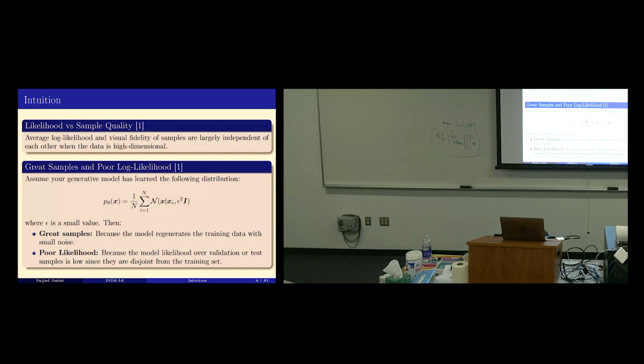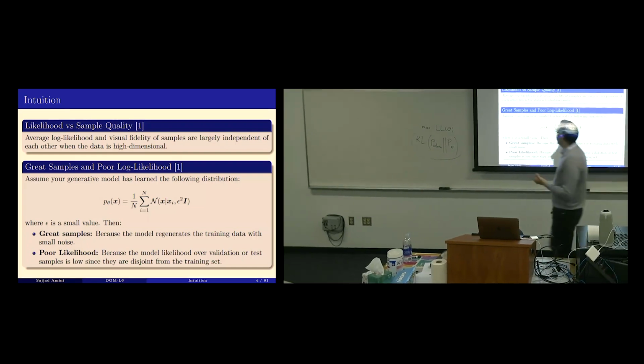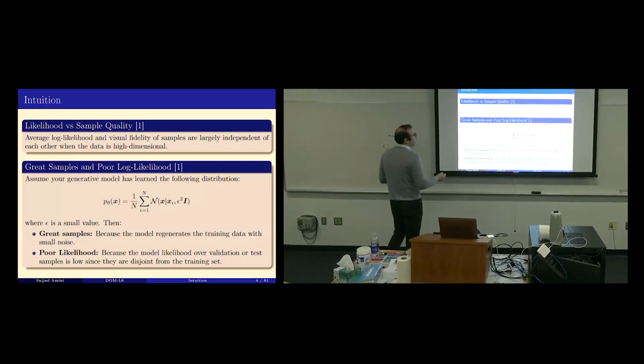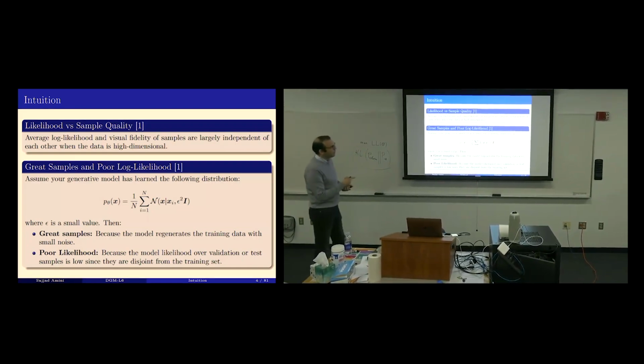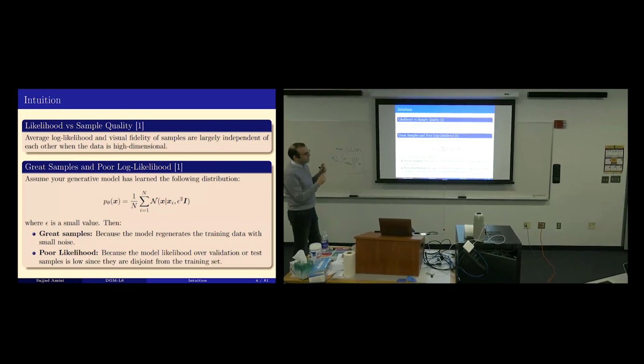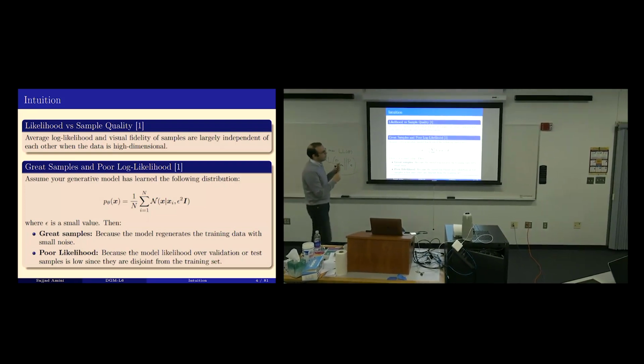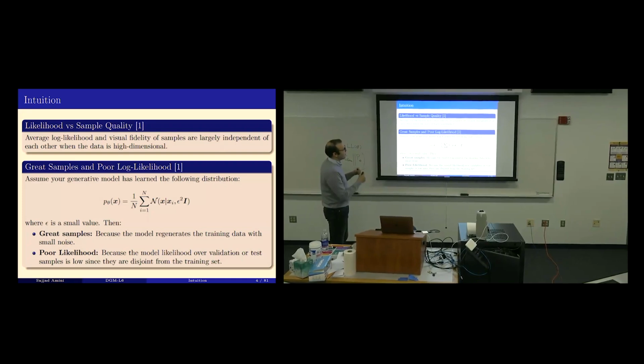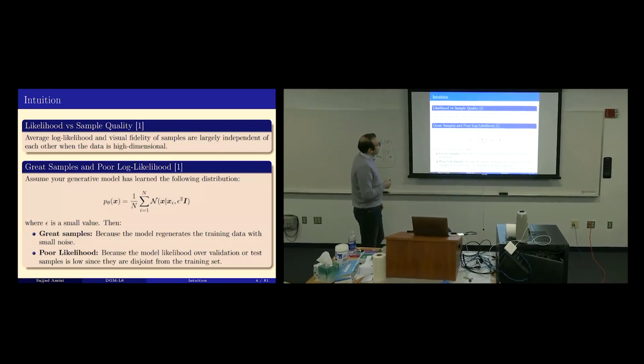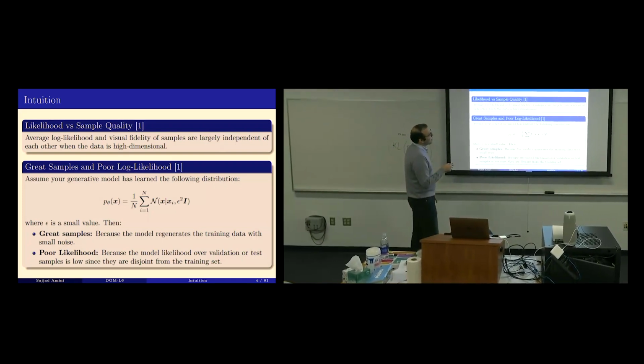This is the question, and the answer is no. Surprisingly, the answer is no, especially for high-dimensional data. Here we want to have a very simple reasoning for this idea. I hope it works and you understand why they are not in the same direction. Okay, let's create samples.